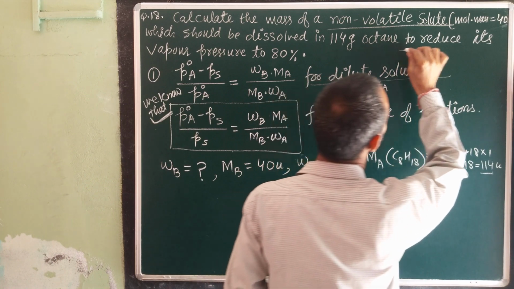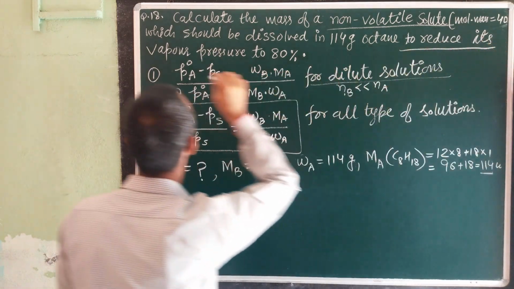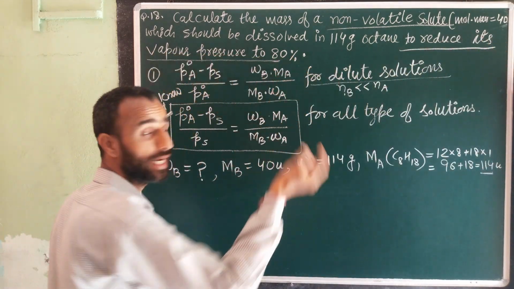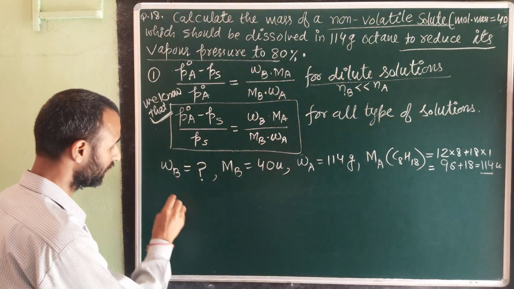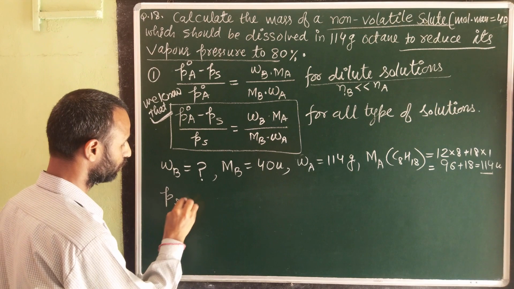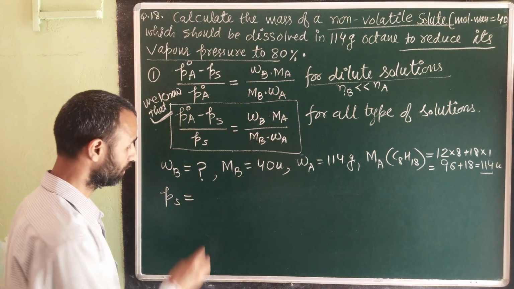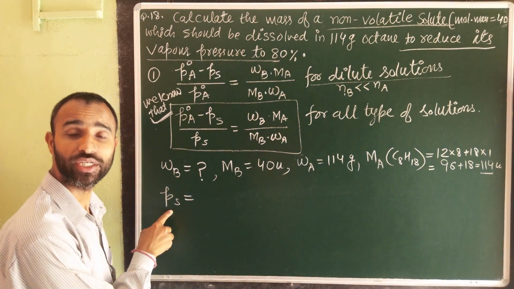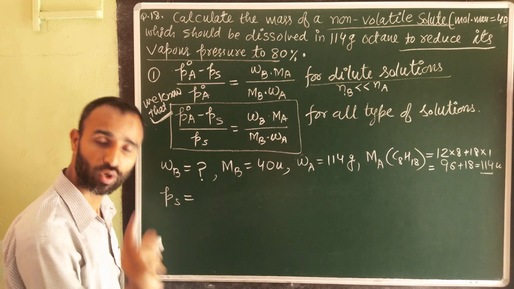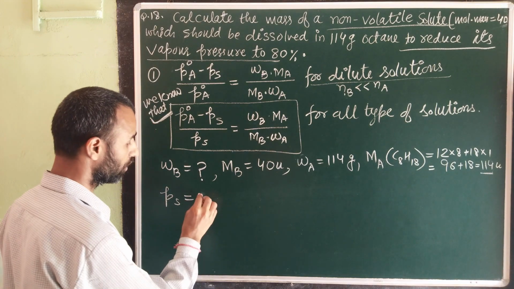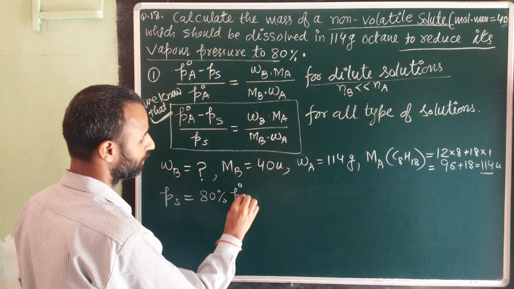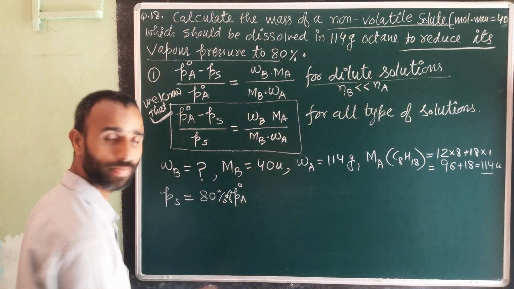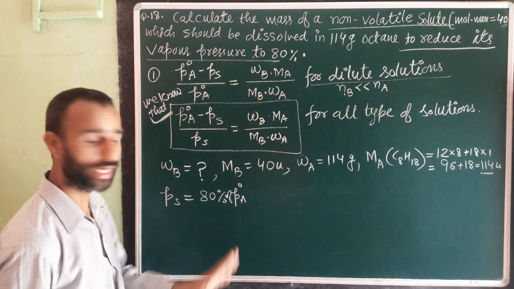And it reduces its vapor pressure to 80%. To, not by, 80%. That means the vapor pressure of the solvent in the solution is equal to 80% of P naught A, because it is reduced to 80%.